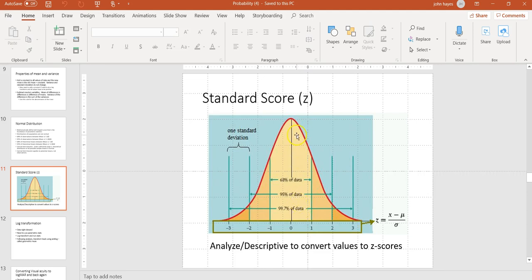Standard deviation in a sampling distribution is called a standard error. So it's still the standard deviation, we just call it a standard error because this is a special hypothetical distribution of means.